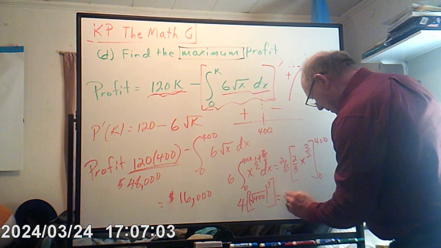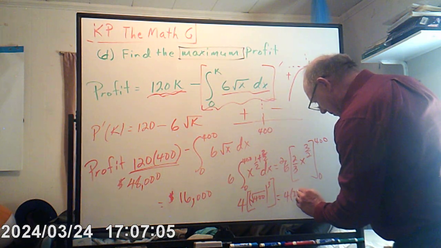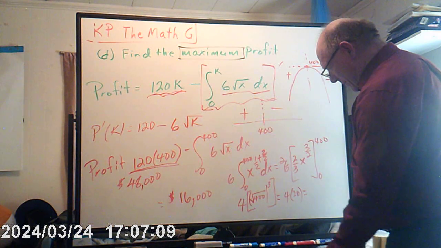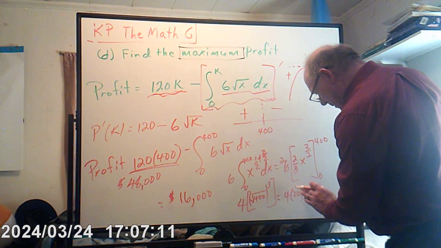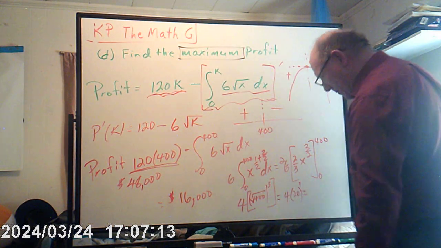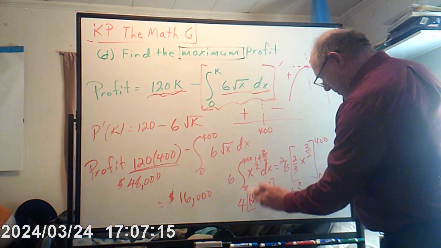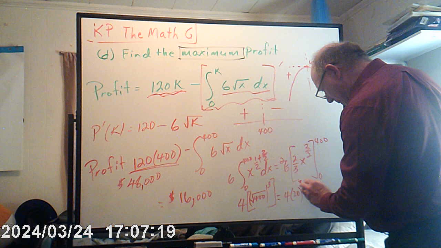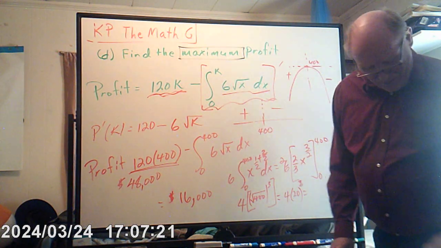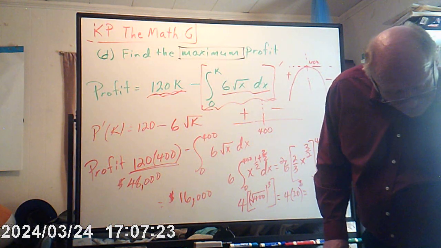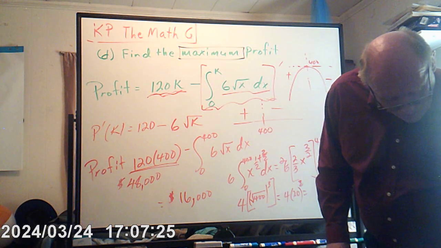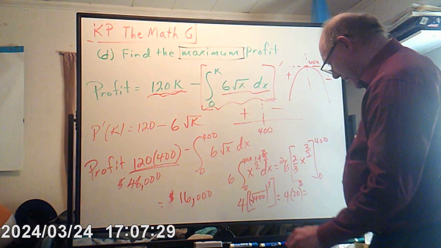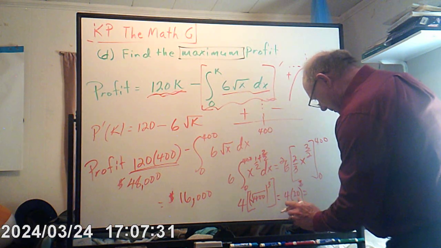So 4 times 20 is, well, hold on. That is 20 cubed, isn't it? Did we do that? Square root of 400 is 20. We got to cube 20, don't we? Okay, so 20 cubed. That's 8,000.